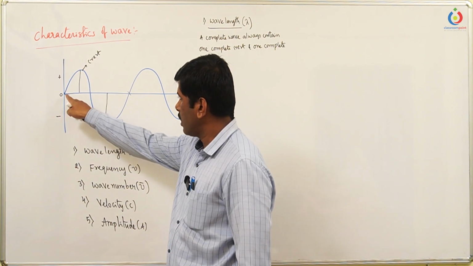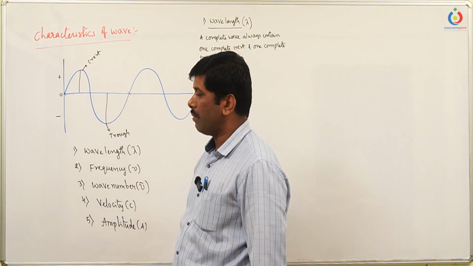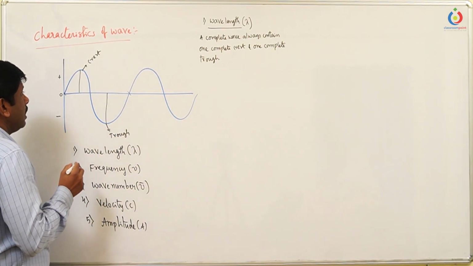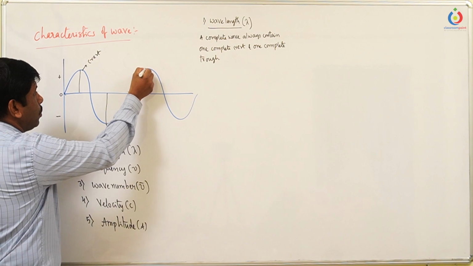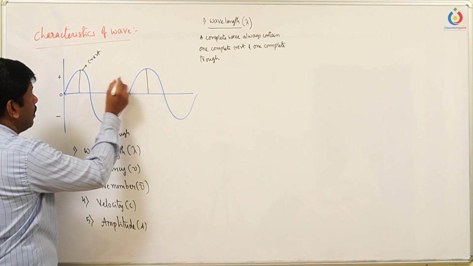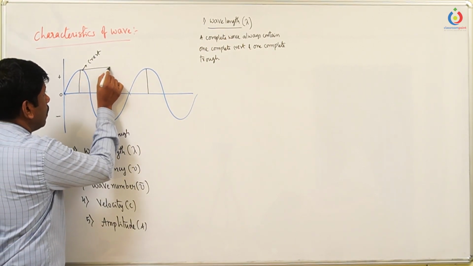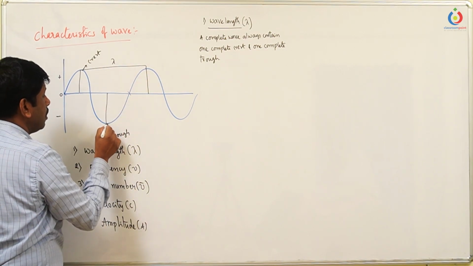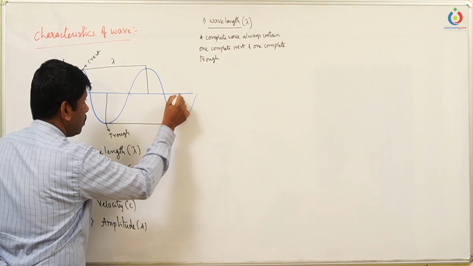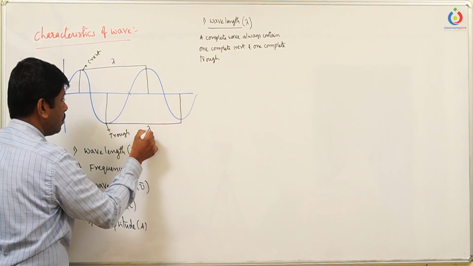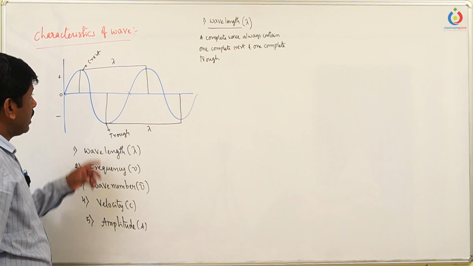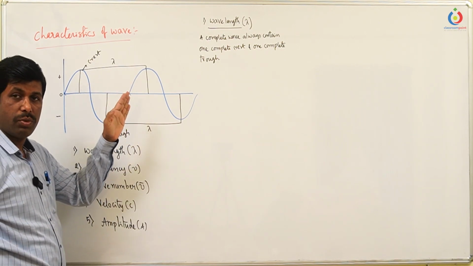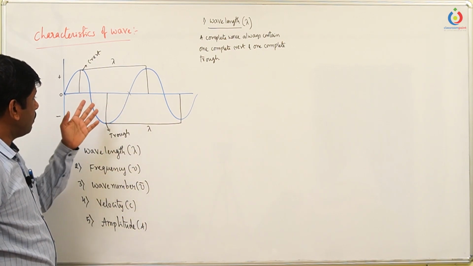So you have to take one complete crest and one complete trough, or else you can take in another way. If you take two crests, the distance between two successive crests or the distance between two successive troughs is also known as the wavelength. So here, the distance between two successive crests, where we are cutting them into equal parts.